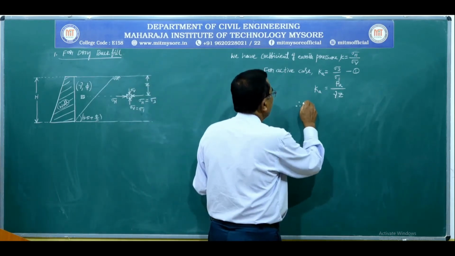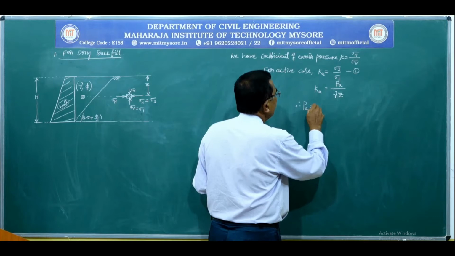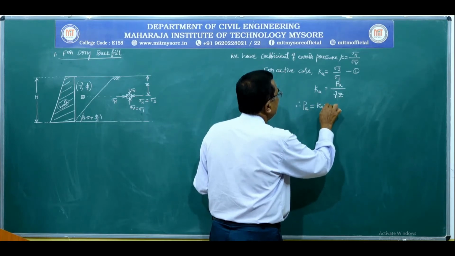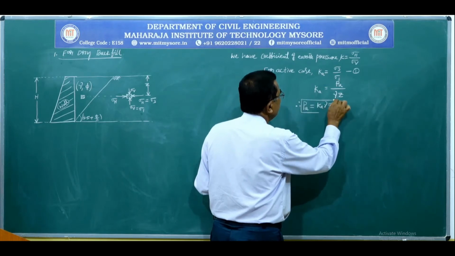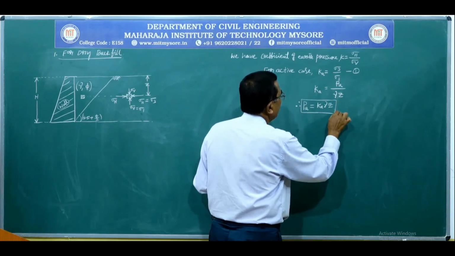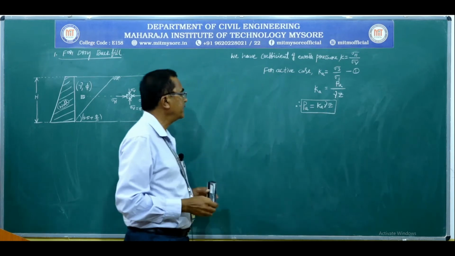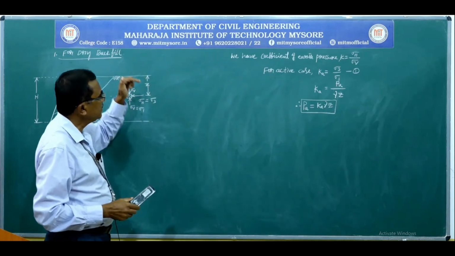Therefore, PA is equal to Ka into gamma into Z. So this is the general expression for active earth pressure at a depth Z below the backfill surface.